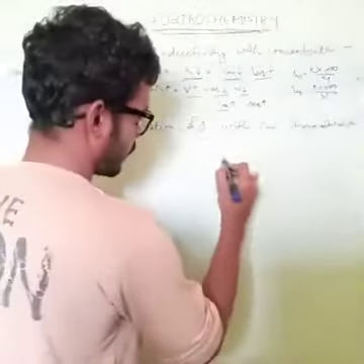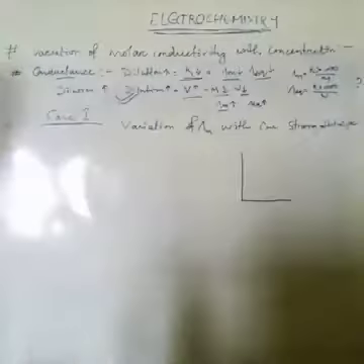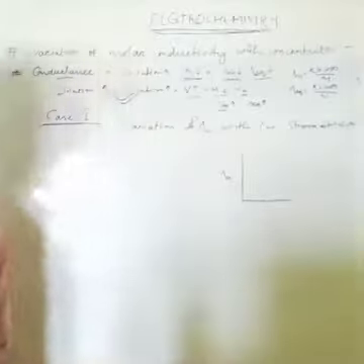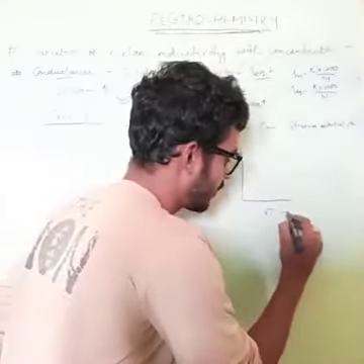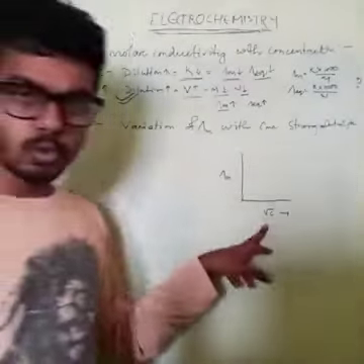So from this graph you will get to know he has taken molar conductance and root C. On the x-axis, this is root C. Why is this root C?